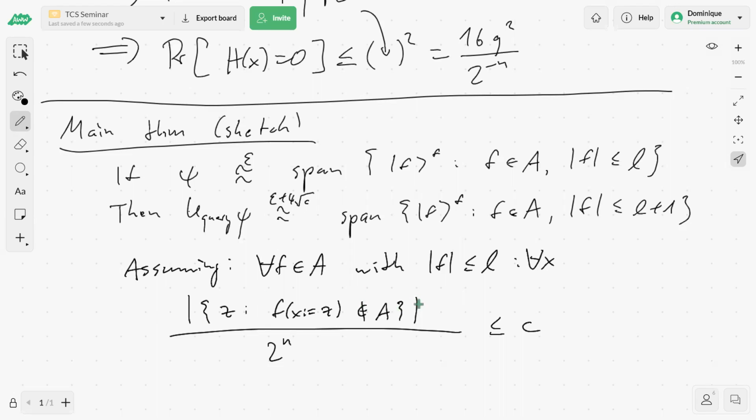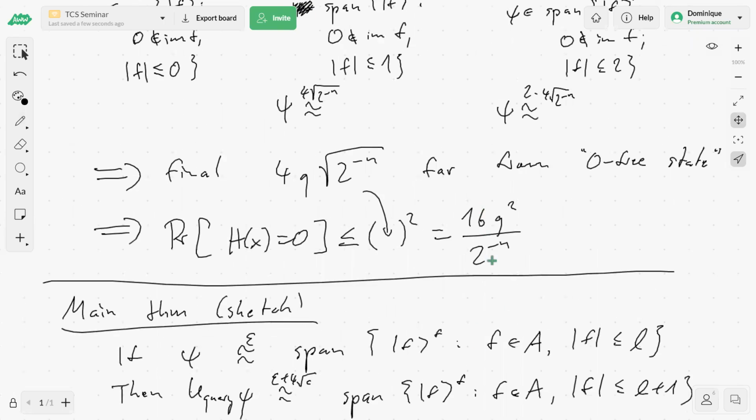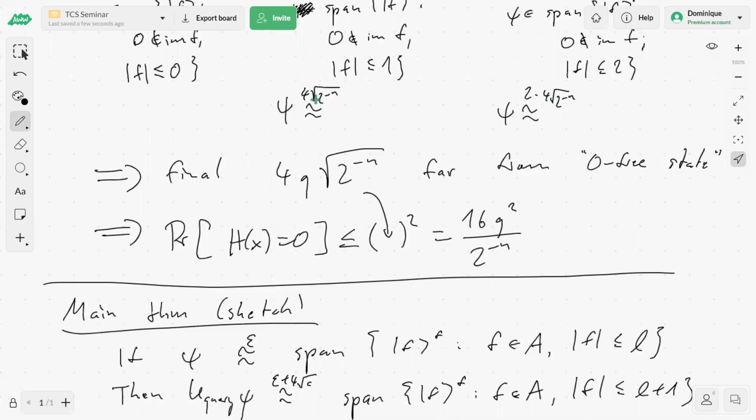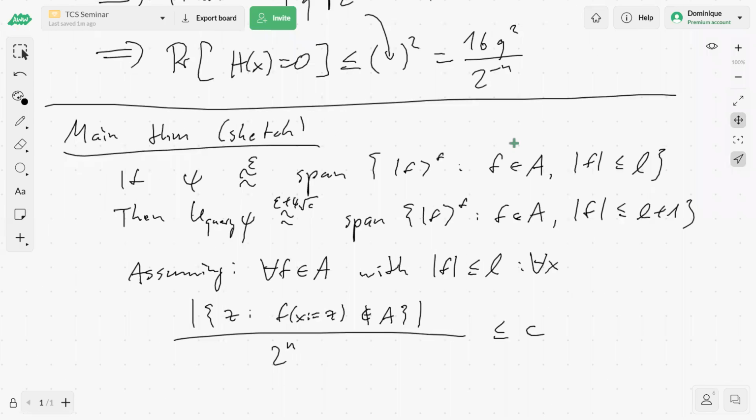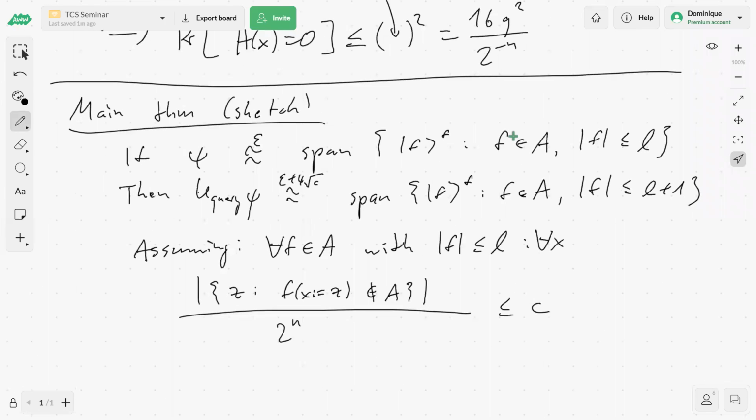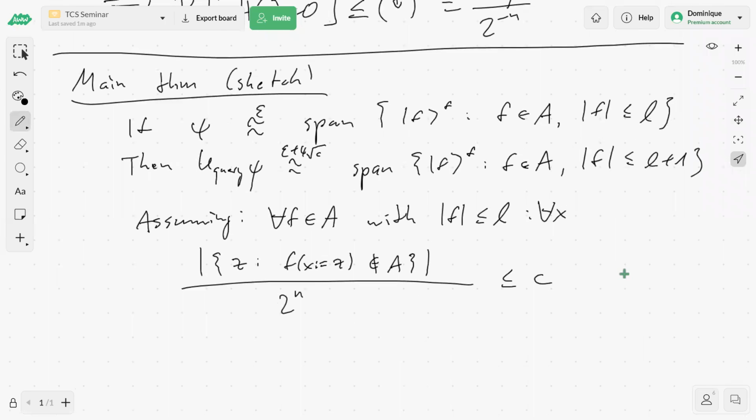So this set has size 1, so we get C being 1 over square root of n, and therefore our error grows by 4 times square root of 2 to the minus n, and this is exactly what I had here. So this shows how you do a proof using this new compressed oracle technique for random functions.